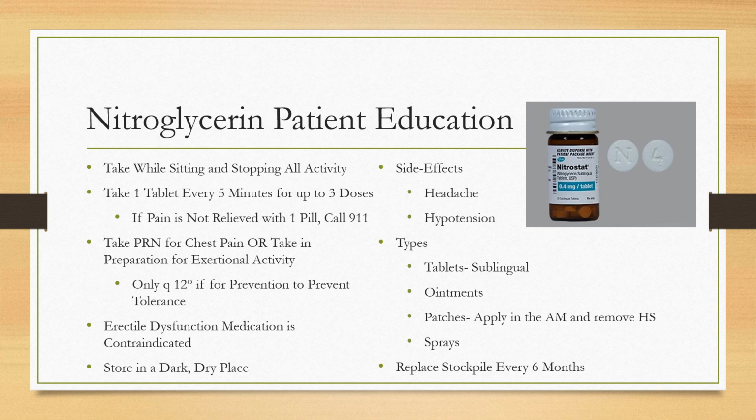Now, if the chest pain continues, that's not a good sign, because stable angina should resolve by taking nitroglycerin and sitting down. So they can't keep on doing it all day, right? So that's why it's up to 3 doses, because either their blood pressure is going to drop or something else is going on.